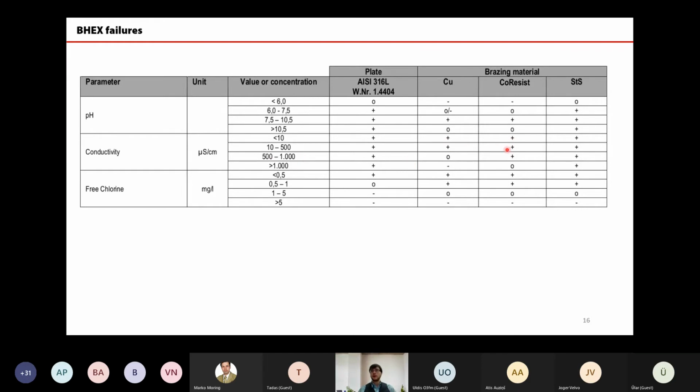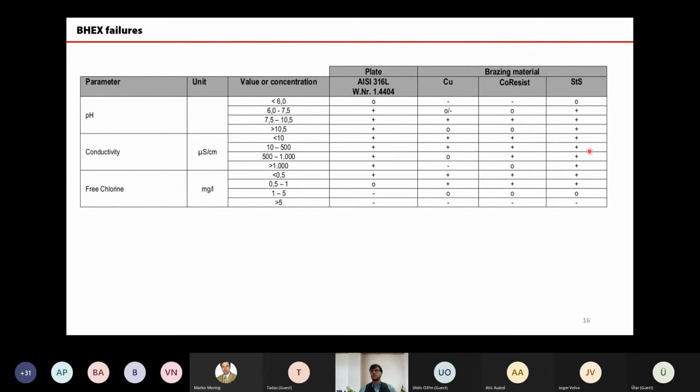So if you have your cold water or domestic hot water with high electrical conductivity, the solution for you is Co-Resist or stainless steel. Because in stainless steel, the heat plates and brazing material have the same chemical composition. That's why galvanic corrosion is not happening there at all. And whatever electrical conductivity of water you have, you can use these units.